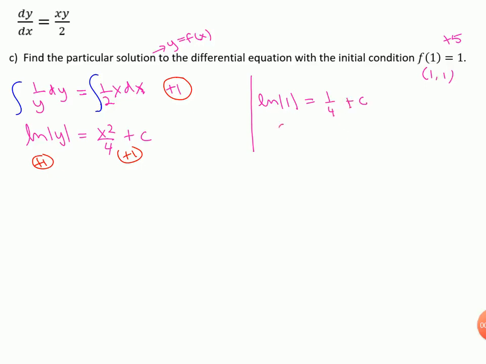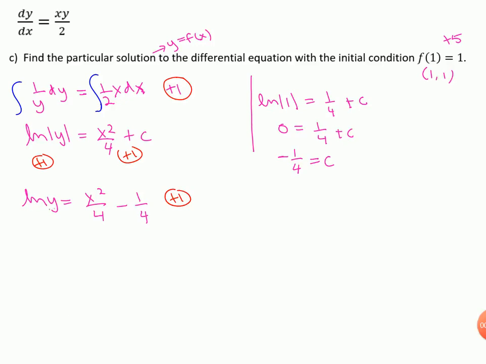All right, let's see, ln of 1, that's a 0, and we end up with 1/4 plus c. Let's move 1/4 to the other side. So negative 1/4 is equals to c. All righty, so that gets plugged in now. So plugging in your c value, believe it or not, that is point number 4. This has to be done in order for you to get all the points, okay? So this is point number 4.